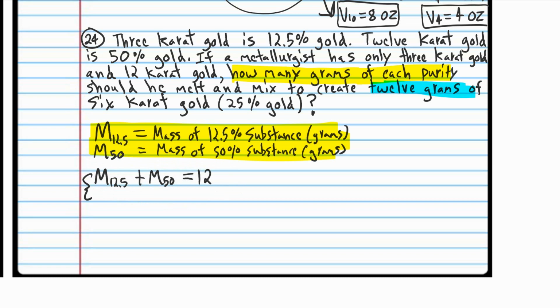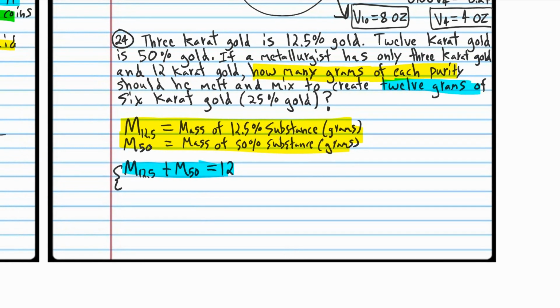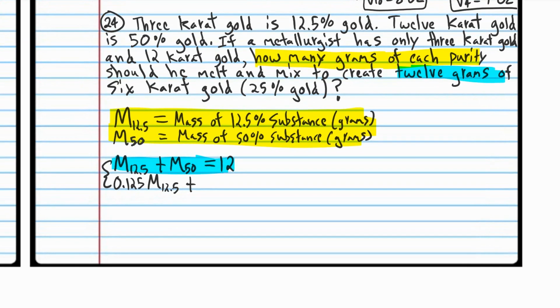So again, that was all the easy part. If you're going to complain about the difficulty of this problem, that's okay, but you don't complain until you write all this down first. This is all the easy part. So now we're going to take 12.5% of the mass of the 12.5% gold. So this is the gold inside the 12.5% substance.